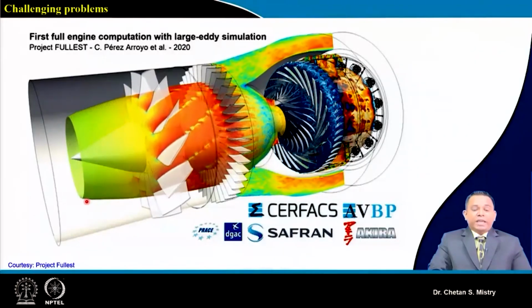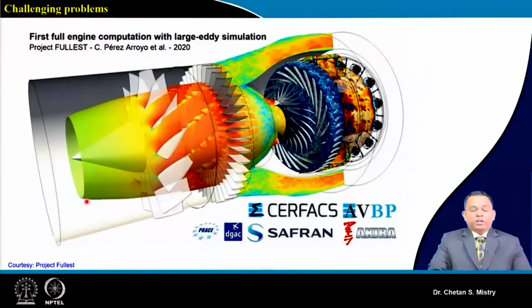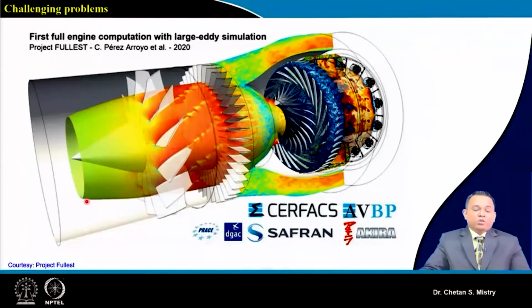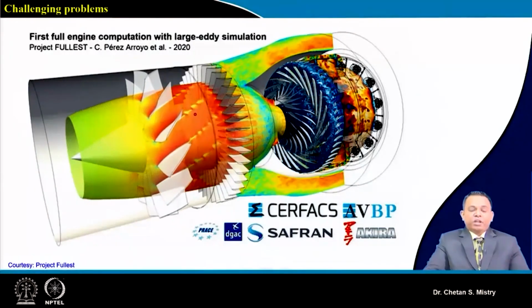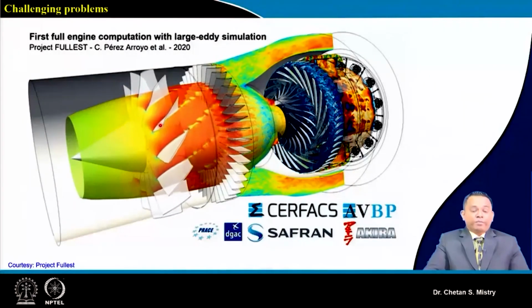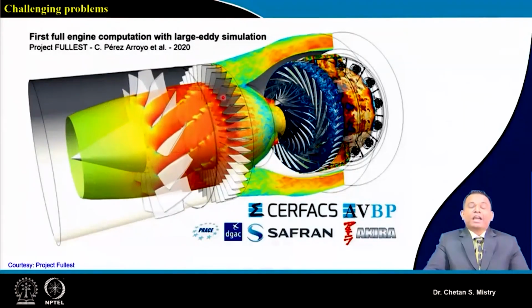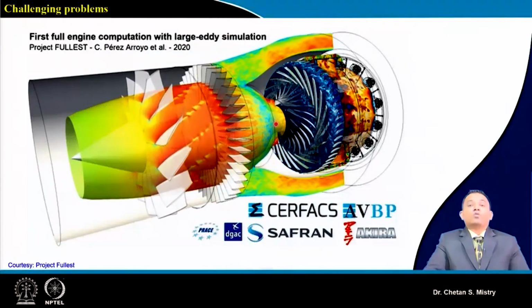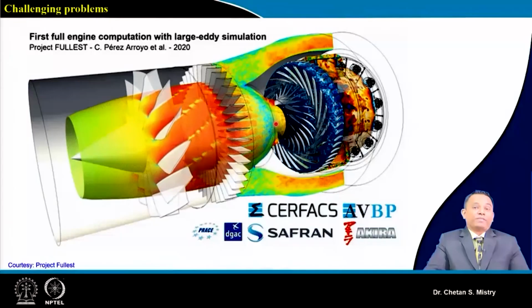This is an LES analysis that these companies and universities have done combinedly. Here, if you look carefully, this represents how the wake comes out from the rotor. It will strike at a particular location on the stator, and this is downstream, how the flow is behaving.